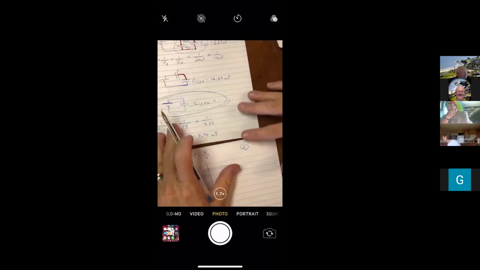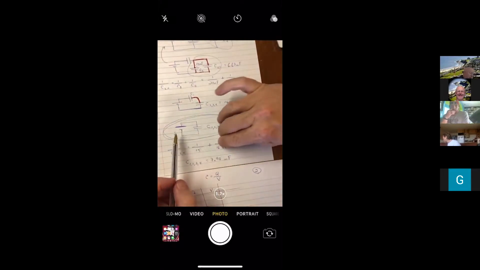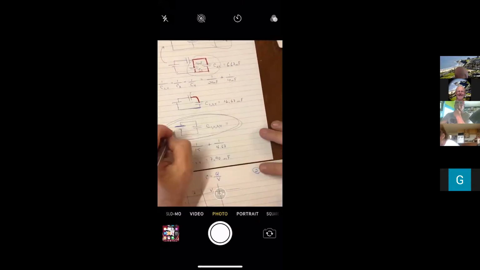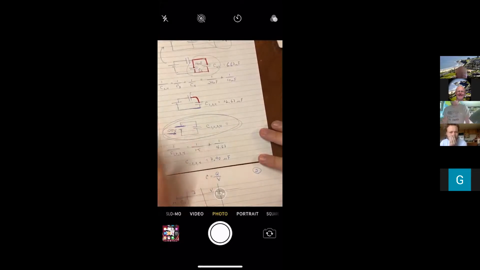Now, that's where this equivalent of the equivalent of the equivalent really is powerful, because this equivalent one capacitor, all of it is hooked to this one battery. And this one battery is a 20 volt battery.